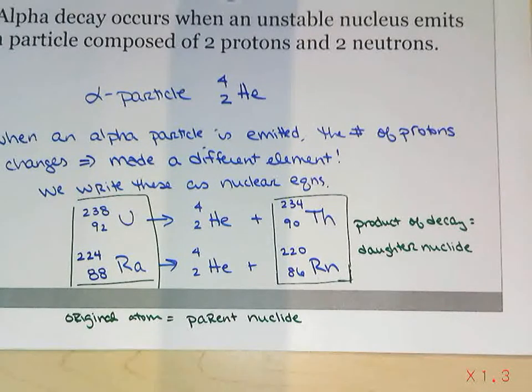The daughter is the one that we form. But just like any other type of equation, we have to make sure that we're balanced in all these. The atomic numbers must be equal, and the total mass number has to be equal.